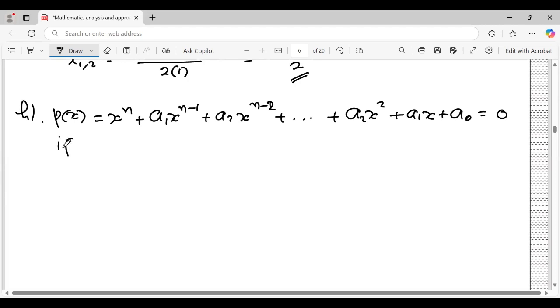Now, if x equals minus 1, and n is an odd number, 1 or 3 or 5 or 7, and so on.